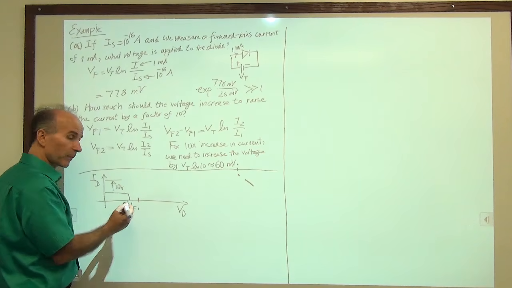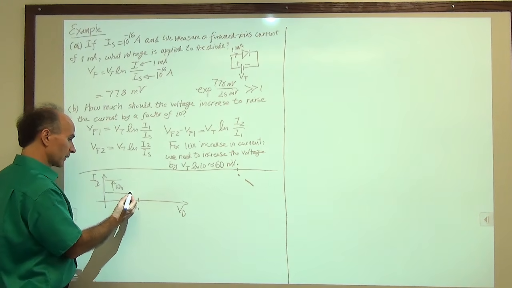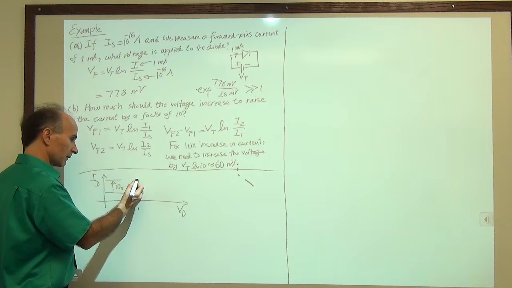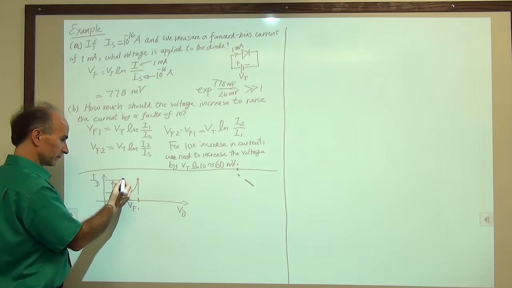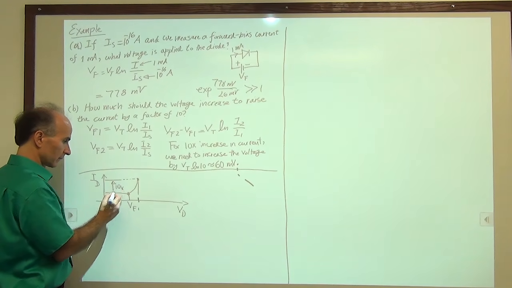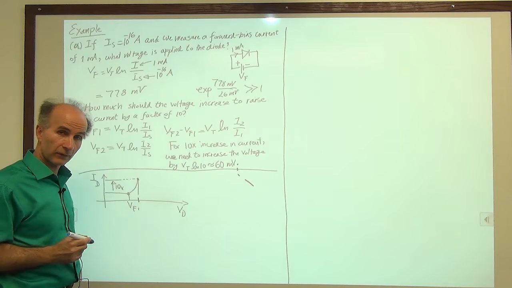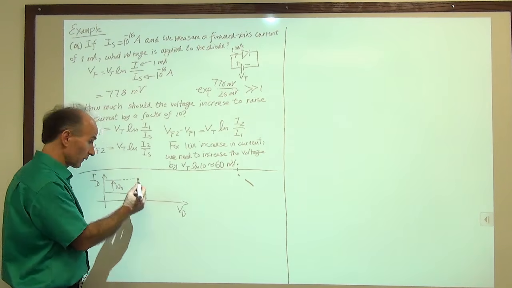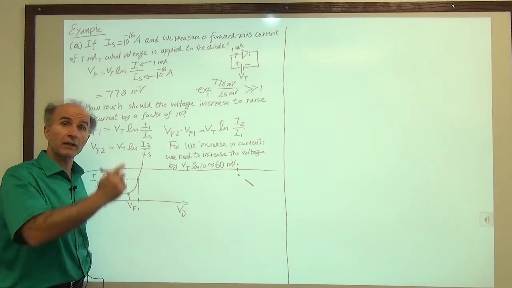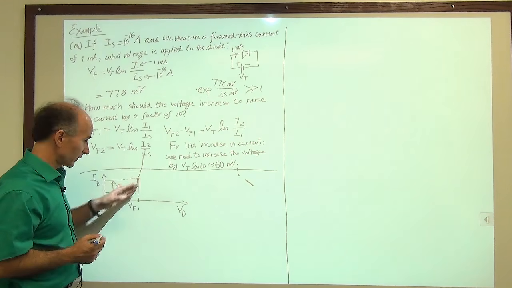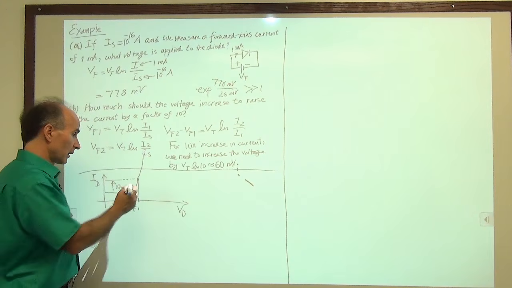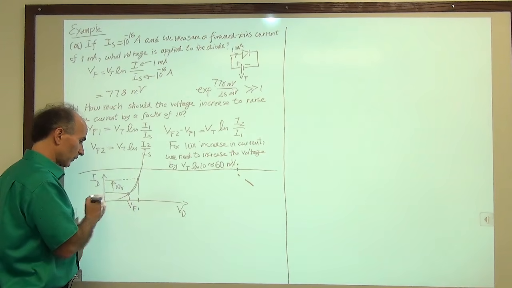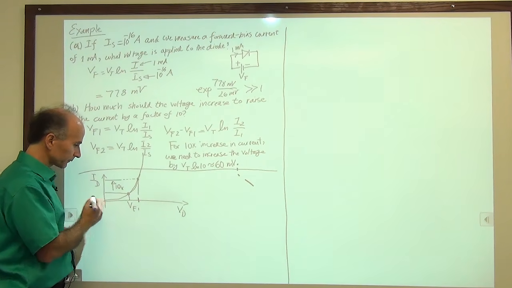So we move up by 60 millivolts, the current goes up by a factor of 10. So that's the interesting thing about the device. And again, if you go up by another 60 millivolts, this goes up by another factor of 10. So it goes to 100 milliamps. And that's the property of an exponential function. So that's very important and interesting to remember.